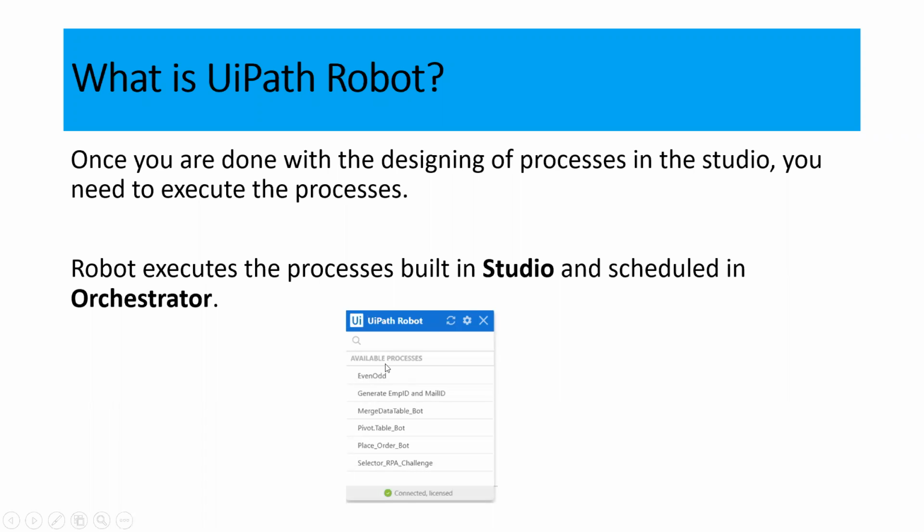This is how the UiPath Robot looks like. Here you can see I already added some processes. You need not go to UiPath Studio to run the process. Directly you can select the process here and run it through UiPath Robot.